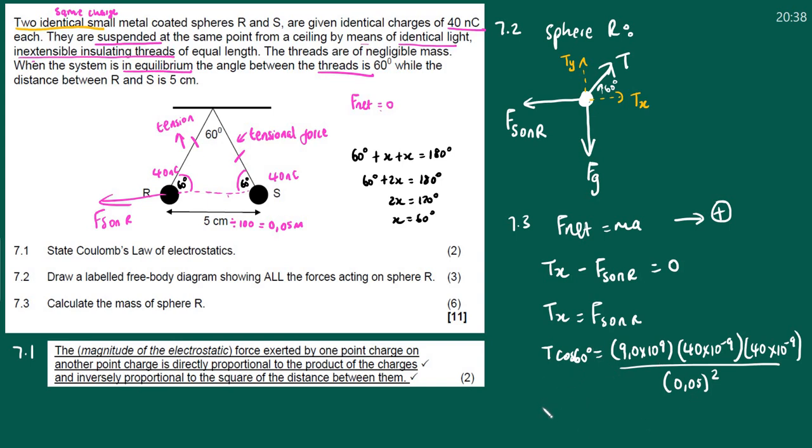Then now you can find tension. What's going to be your tension? 5,76 times 10 to the power negative 3 newtons. Is it like this? Yes. Perfect. So you got the tension now, but the goal was to get the mass.